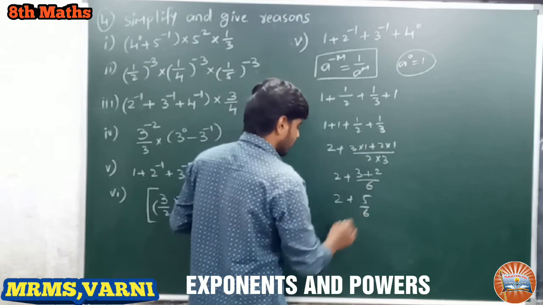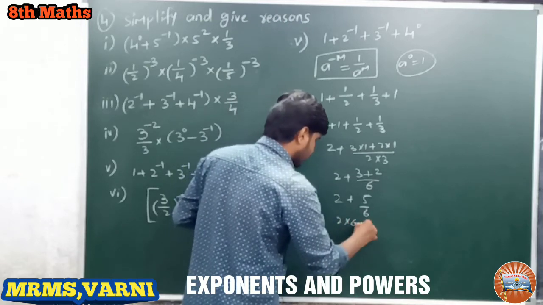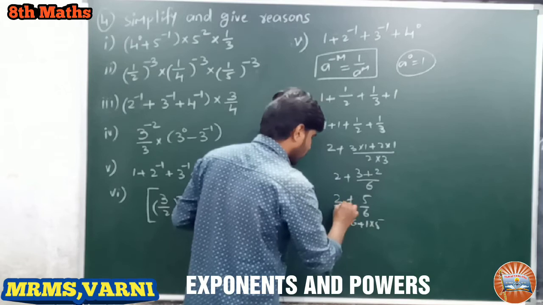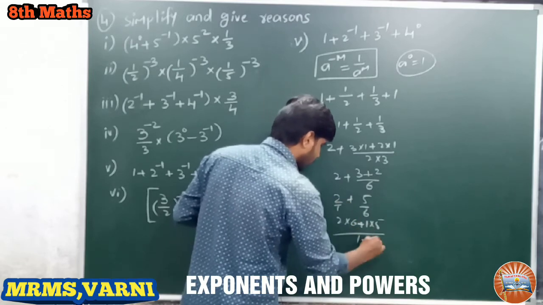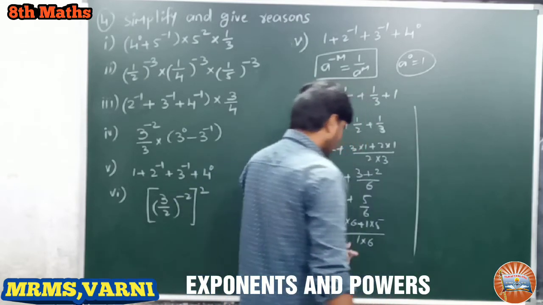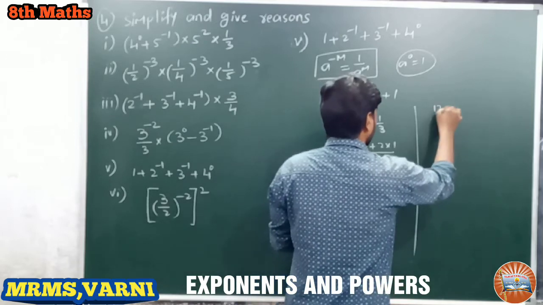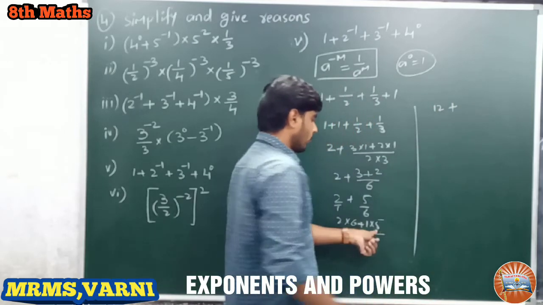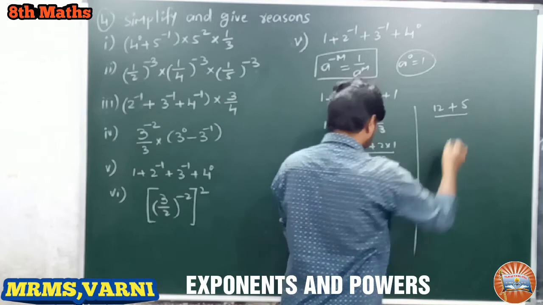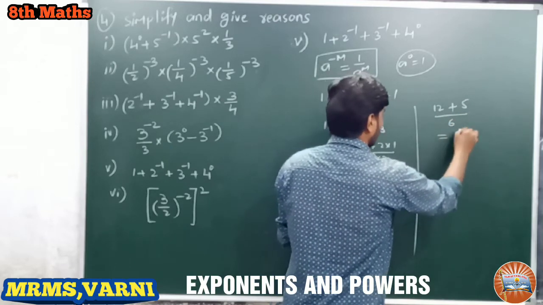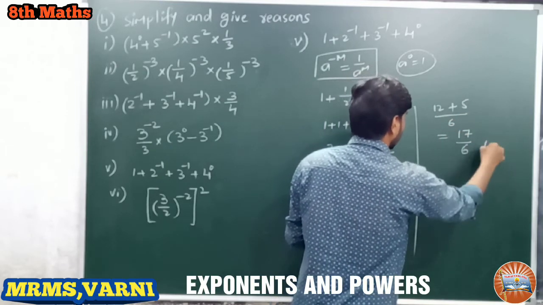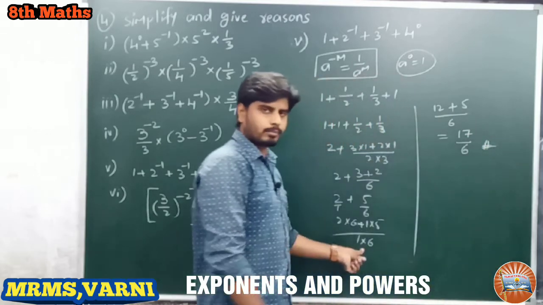So take the cross multiplication again. 2 into 6 plus 1 into 5 by 1 into 6, nothing but 2 into 6, 12, plus 1 into 5, 5 as it is by 6. Okay, nothing but 17 by 6 is the answer.